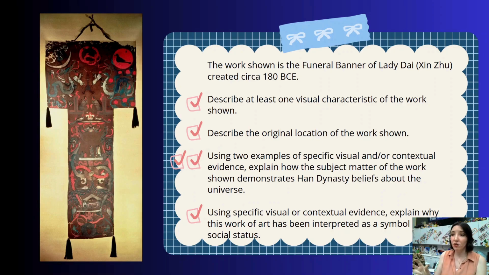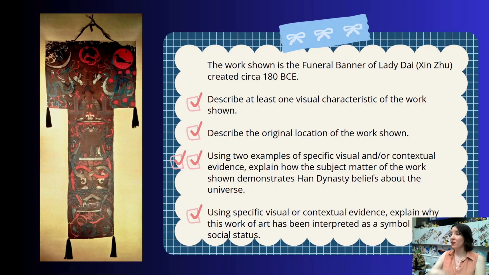Don't let that scare you. What is it actually asking? In this case, it's about the belief system. You can do belief system a little bit easier than thinking about the entire context of the Han Dynasty. So focus in on what it's actually asking. Then lastly, using specific visual or contextual evidence, explain why this work of art has been interpreted as a symbol of elite social status. So that last question is about elite social status.